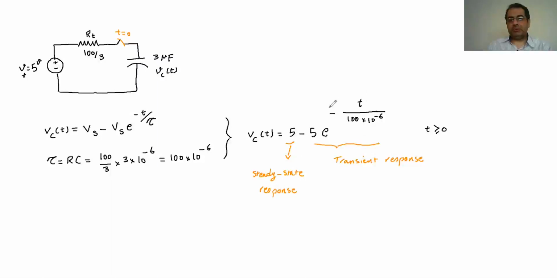So this part eventually becomes 0 and fades away. If you draw it, you will see the effect of that part. It goes away. Eventually, the VC is that. So this shows the long-term condition, what's happening after we keep the key closed for a long time. The second term shows what exactly happens right after we close the key until the point that we get to the steady state condition.